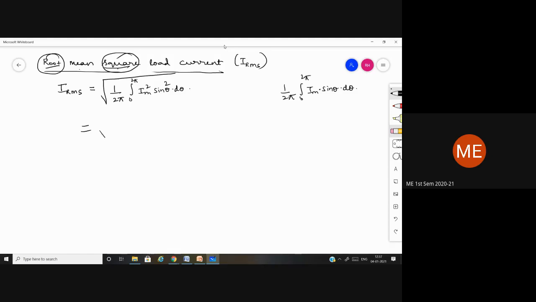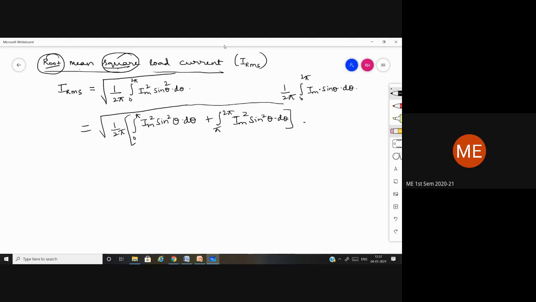Now the steps we will keep on doing: 1 by 2 pi. Again we split up 0 to pi Im square sine square theta d theta plus, taking 1 by 2 pi common, pi to 2 pi Im square sine square theta d theta.